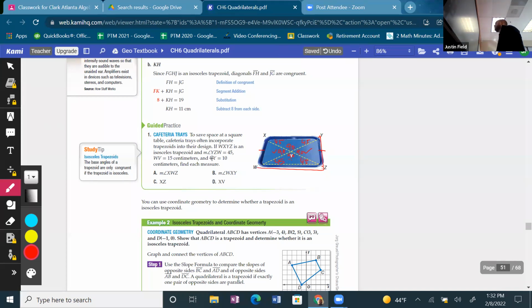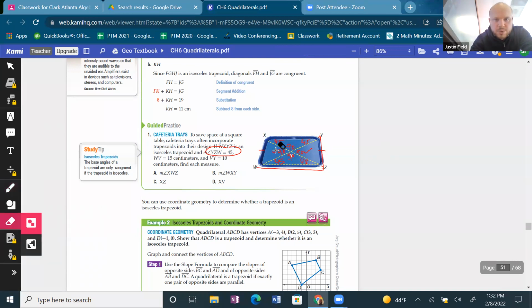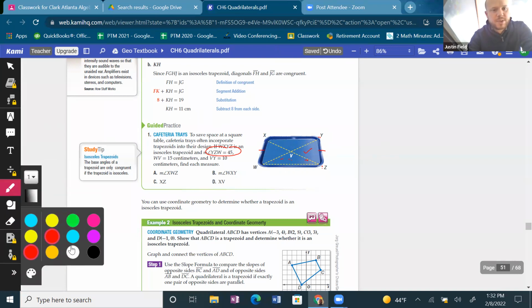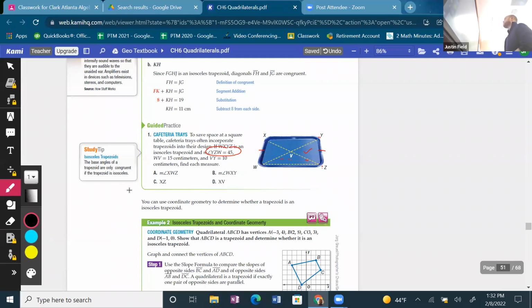I thought it meant XZW. But it does say YZW. It does not look like a 45-degree angle to me. But I'm gonna have to erase all those numbers there, because I had done it with XZW. But all the relationships that I said are true. I just made a mistake. Okay, so if it does say that, oh, because I left X. XYZ, W is 45.